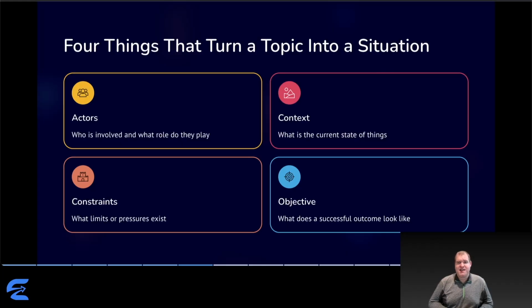And an objective tells the model what a successful outcome actually looks like for this specific situation. When all four are present, the model isn't searching the full pattern space. It's searching the part of the pattern space that matches your specific combination of inputs. A fundamentally different process produces a fundamentally different output.